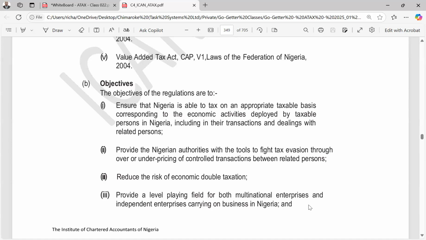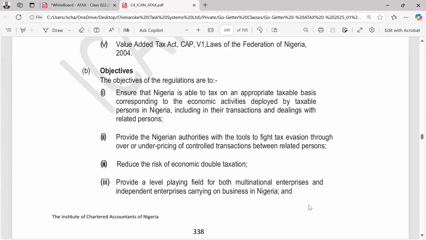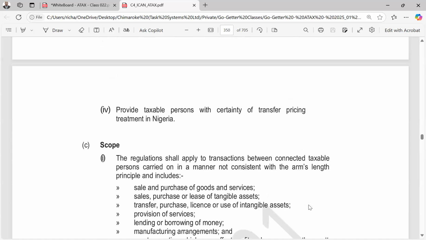So they provide a level playing field. So whatever advantage the multinationals are getting, the independent enterprise will get and all that. Then it provides taxable persons with certainty of transfer pricing treatment in Nigeria. It means that if you are doing anything that requires transfer pricing, you are doing it with certainty. You know what obtains. You know how it is handled. It is not an uncertain business.